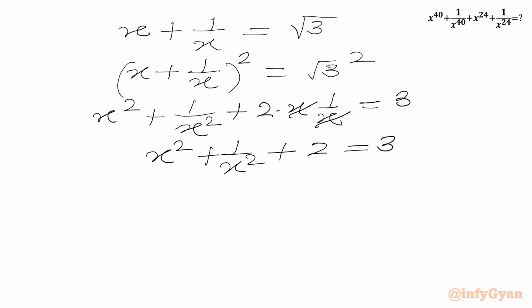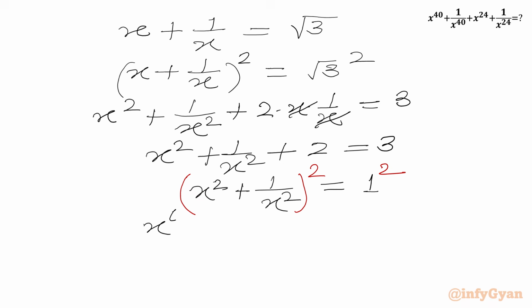Now we have to subtract 2 from both sides. So we will get x square plus 1 over x square value will be 1. Our target is to find x power 8 plus 1 over x power 8 first. So we will square once again. Again we'll be using the a plus b whole square identity.